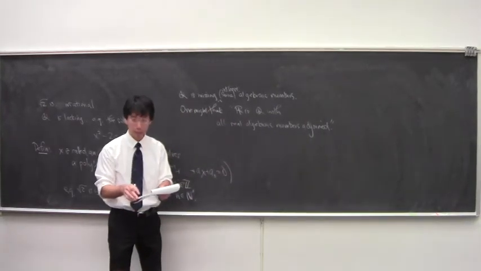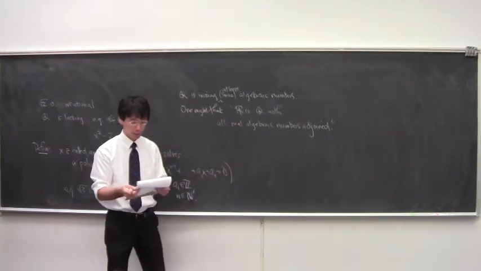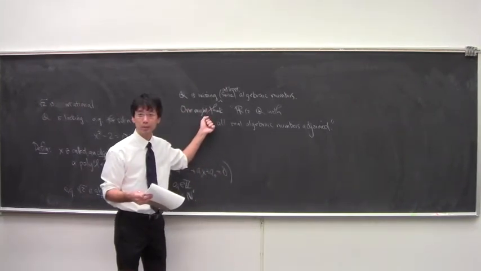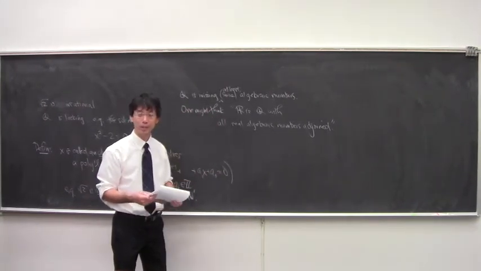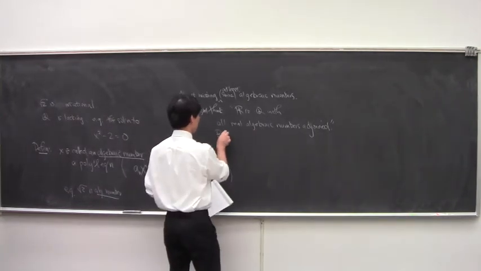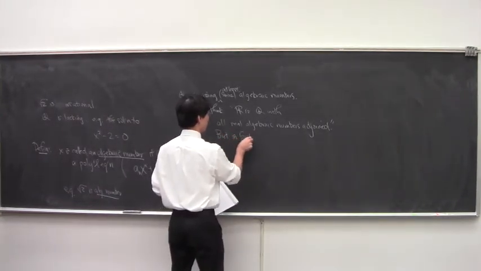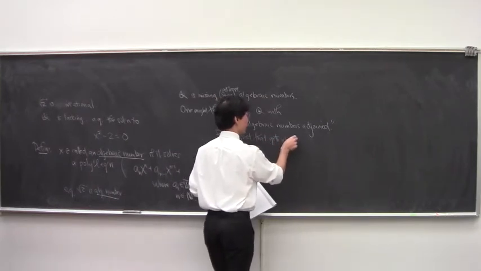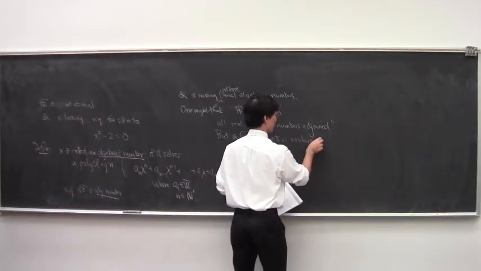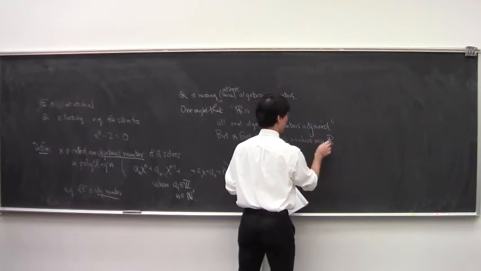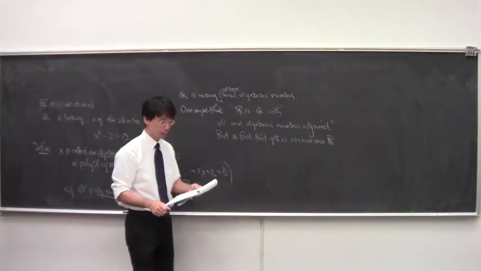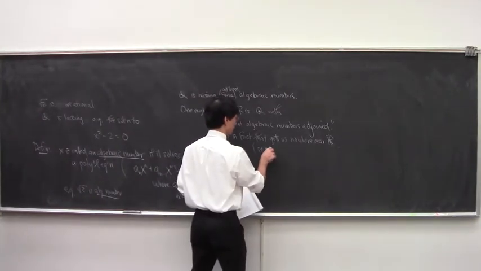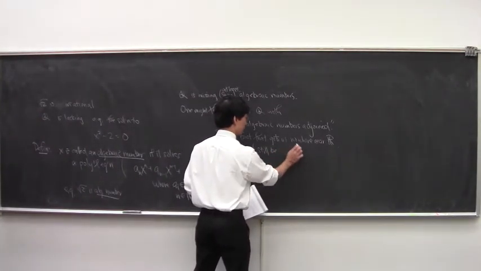But in fact, even if you throw in all the algebraic numbers, there are still a lot of holes. That gets us nowhere near R. Nowhere near R. Even if you throw them in, there would still be lots of gaps.